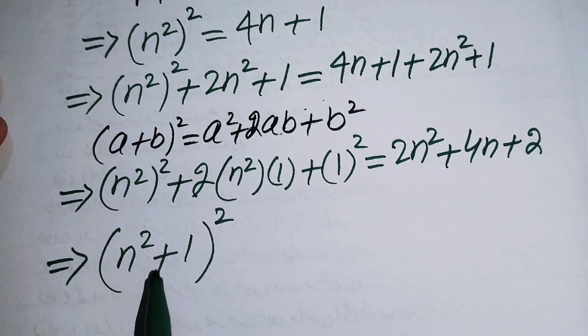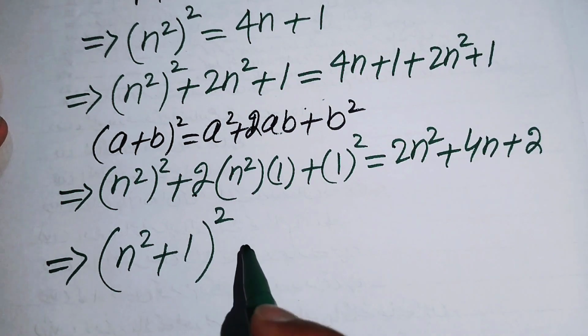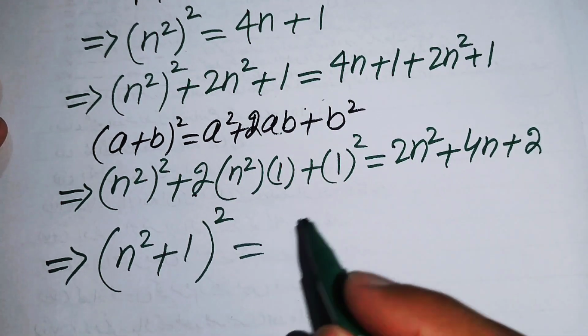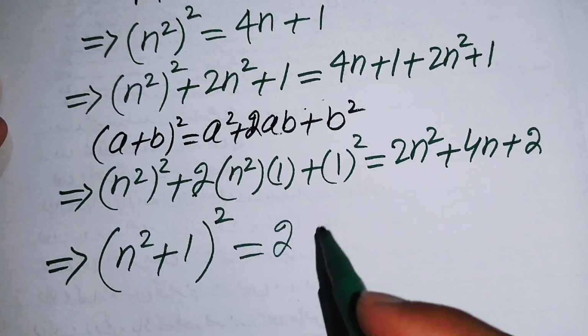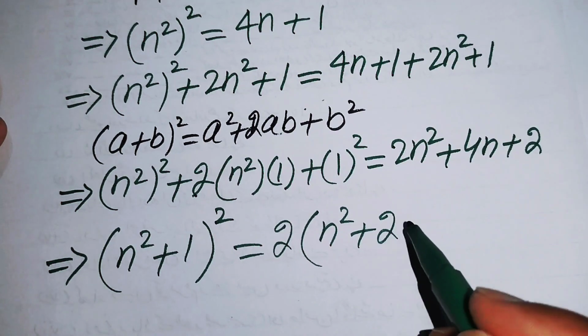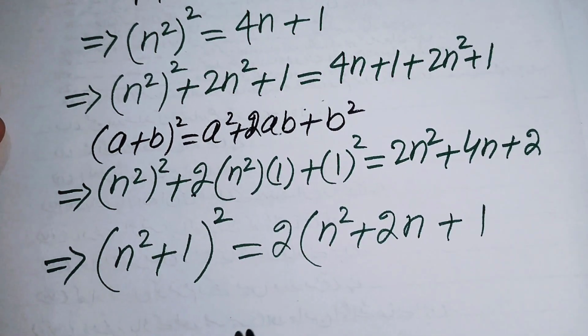When we open this square you get the left hand side in this form. After that, on the right hand side you take common 2 from each of the terms and you get 2 times n squared plus 2n plus 1.